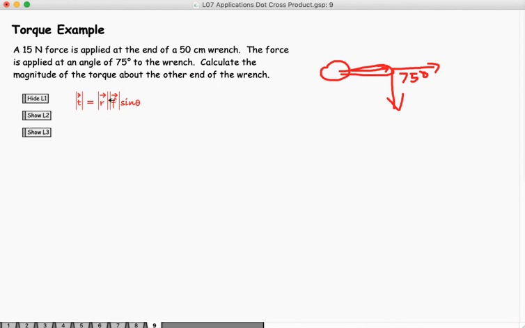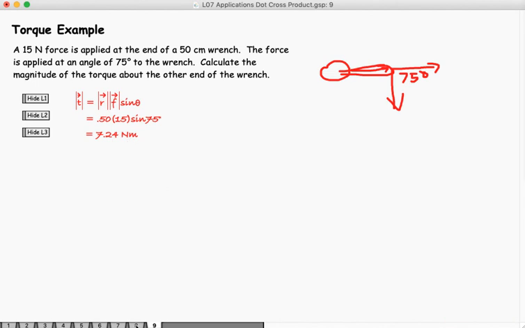And then my force F is going to be 15 newtons, and my angle is going to be 75 degrees. So I have 0.5 times 15 times sine of 75. Punching all that in, that gives us a magnitude of 7.24 Newton meters. And again, torque is expressed in Newton meters, not joules.